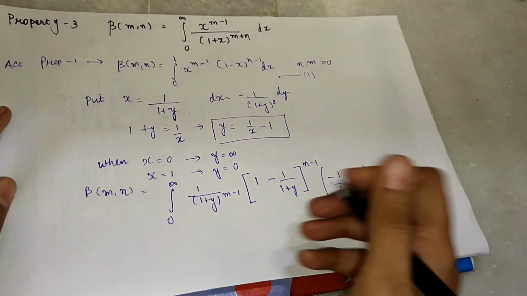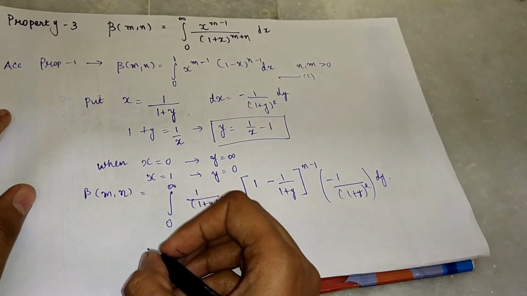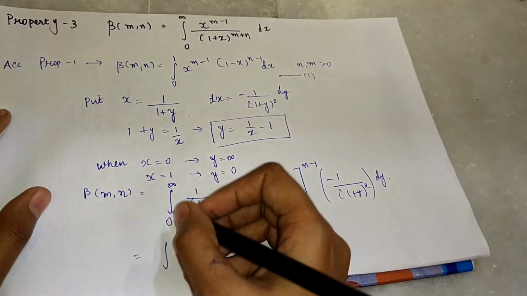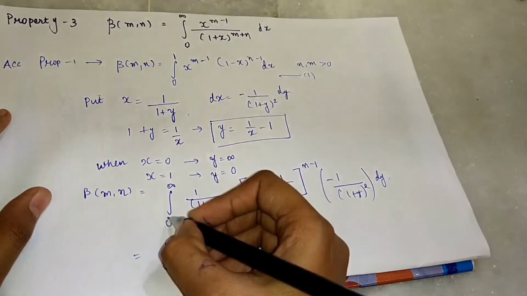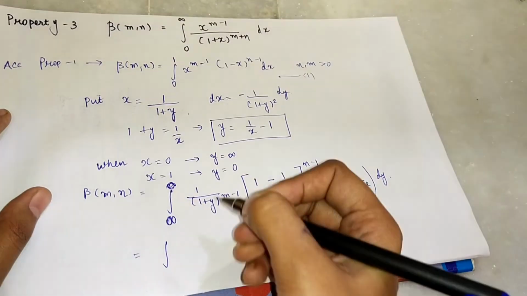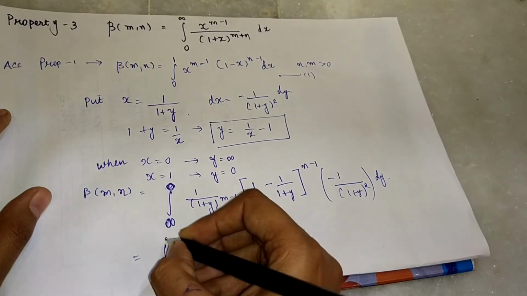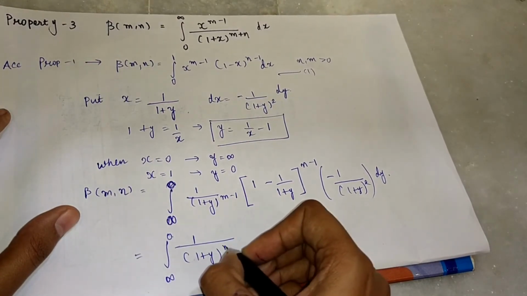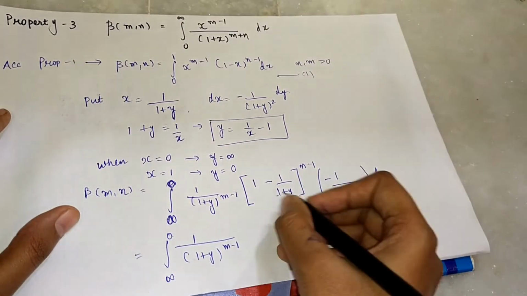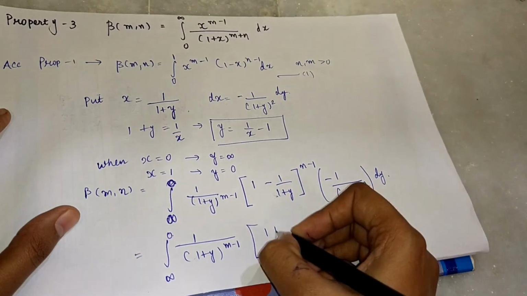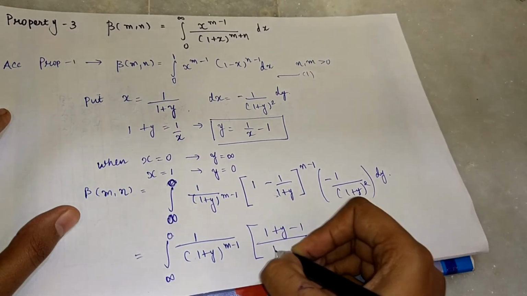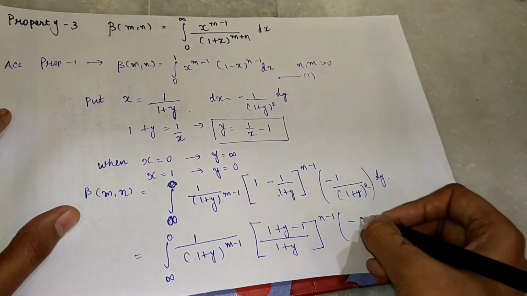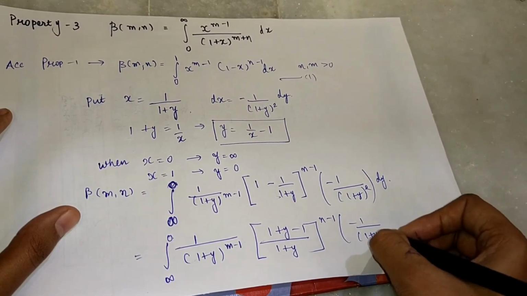Okay, so now solving this equation we get, in place of x equal to 0 to 1, the limits will be infinity to 0. So infinity to 0, 1 upon 1 plus y raised to m minus 1, and here if we take the LCM then we get 1 plus y minus 1 upon 1 plus y, whole raised to n minus 1, and this will remain as it is.